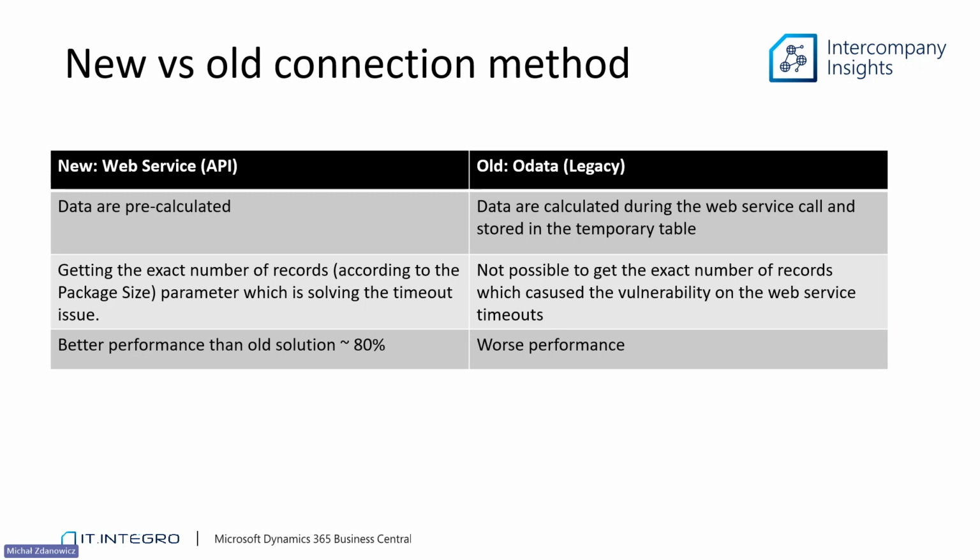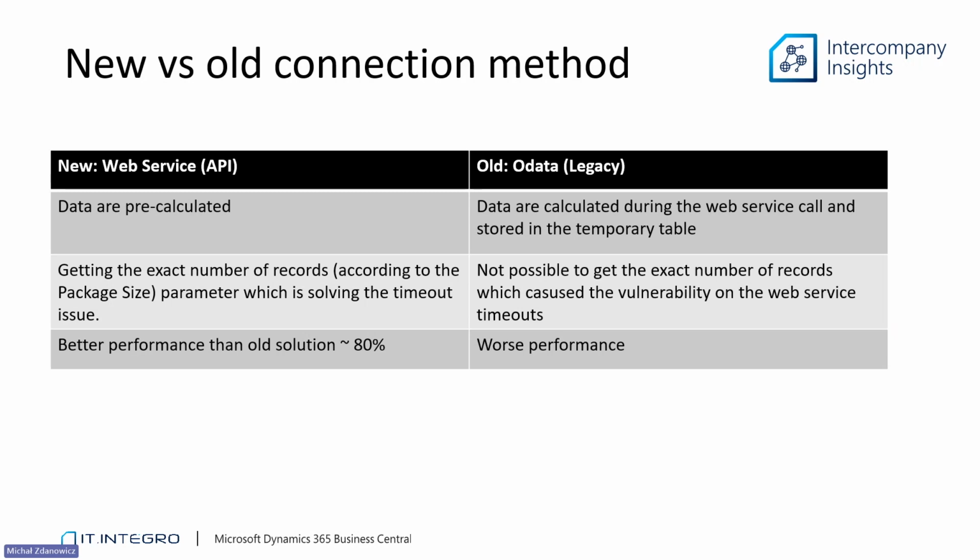First of all, I already mentioned that the data are pre-calculated. So the data we are going to get are already calculated on the other side in the data sharing company, and we are just downloading them. In the old legacy method, the data for the availability information were calculated during the web service call.